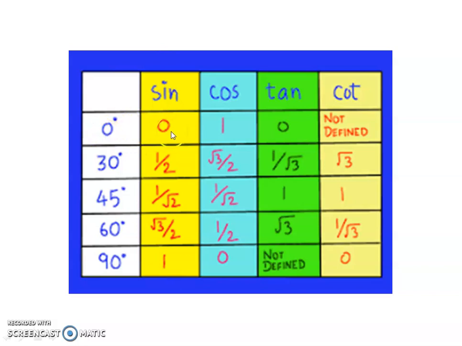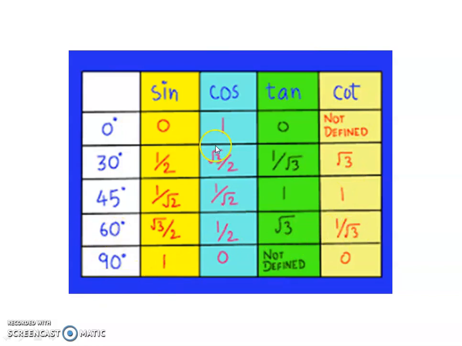Using all these diagrams we can establish sine 0 is 0, cos 0 is 1, tan 0 is 0, cot is not defined. Sine 30 is 1 upon 2, cos 30 is root 3 upon 2, tan 30 is 1 upon root 3, cot 30 is root 3. Sine 45 is 1 upon root 2, cos 45 is 1 upon root 2, tan 45 is 1, cot 45 is 1. Sine 60 is root 3 upon 2, cos 60 is 1 upon 2, tan 60 is root 3, cot 60 is 1 upon root 3.